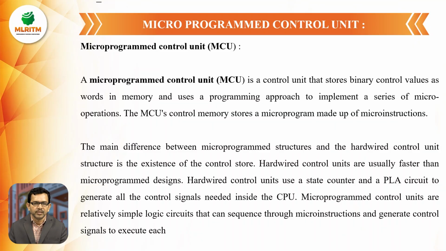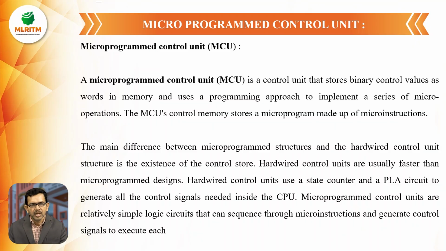In hardwired, we use hardware components and logic circuits for the execution of the instruction. Coming to the microprogrammed control unit, we are not using any hardware components, circuits or logic gates.